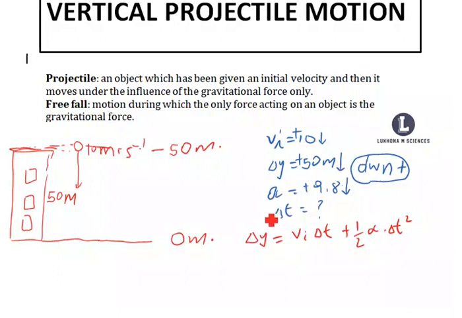So here is delta t, acceleration, dy and initial velocity. Now let's substitute. Everything is positive, so we have 50 meters equal to the initial velocity, 10, times delta t, which is what we are looking for, plus 1/2 times a, which is 9,8, times delta t squared, right?